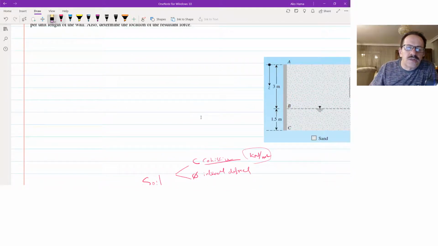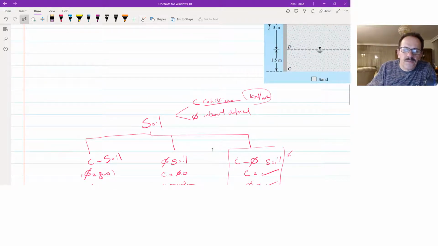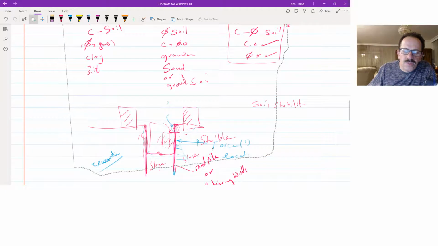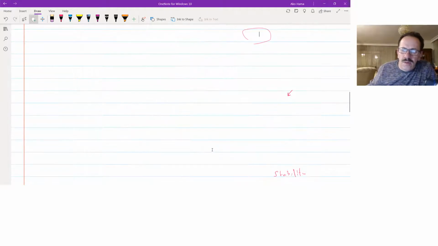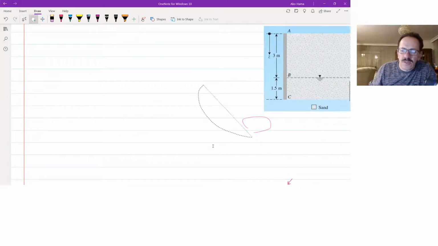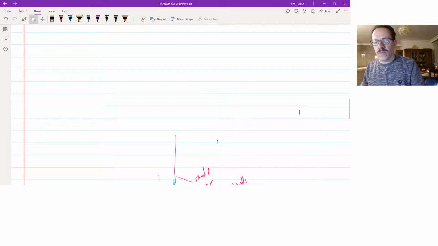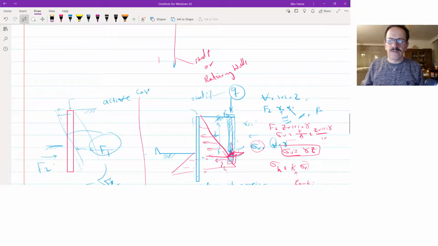So in general, or as a summary, we can say the general equation for the estimation of the pressure, or the distribution of the pressure at any depth, is equal to... sorry for that.